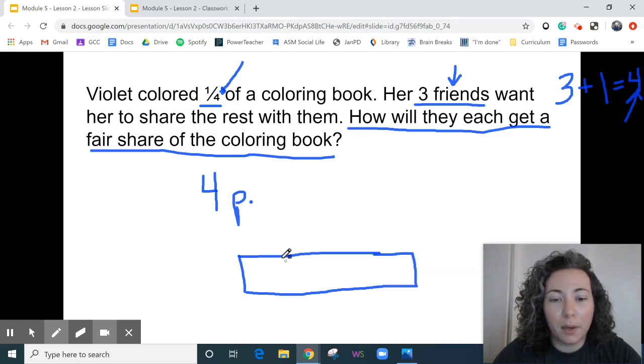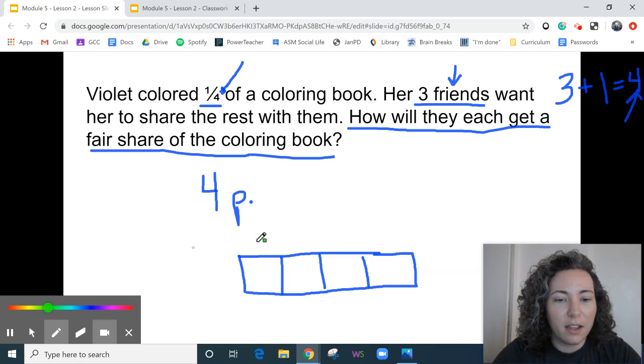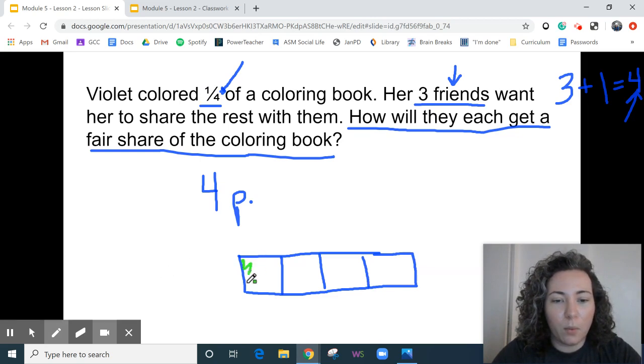So if Violet colored 1 of the 4 parts, let's color her part in. Violet colored in 1 of the 4 parts. I'll put a V for Violet. Then what about her 3 friends? Well, it looks like we could have 1 friend here, another friend here, and another friend here.